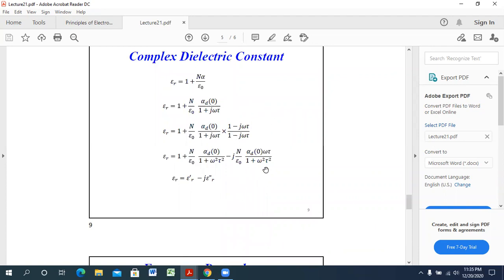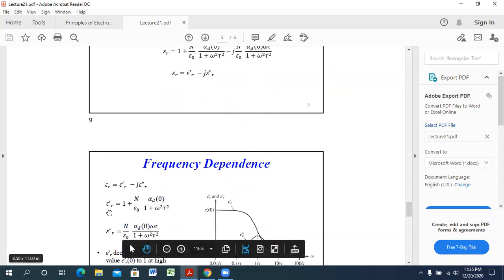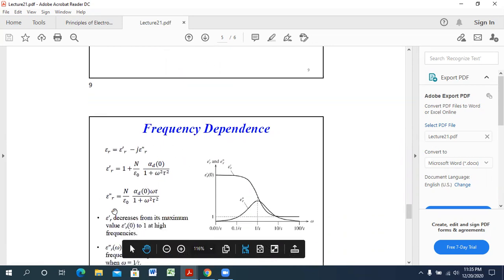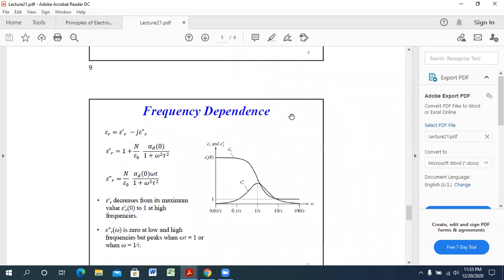If we separate these two parts, we find epsilon r equals one real part and one imaginary part. So epsilon r prime should equal 1 plus this real part, and the imaginary part is epsilon r double prime. I think this should be clear.